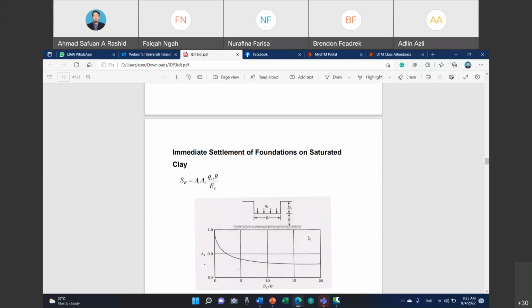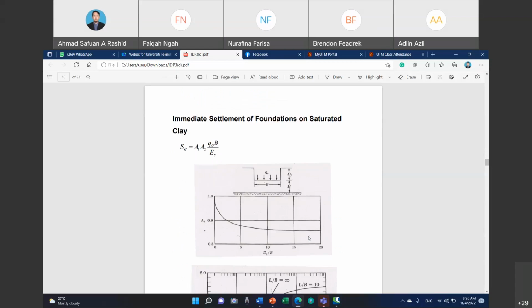Immediate settlement for foundation on saturated clay. So this is another formula. Saturated clay maknanya betul-betul keadaan clay tersebut dipenuhi ataupun groundwater level berada dalam keadaan yang hampir dengan surface.